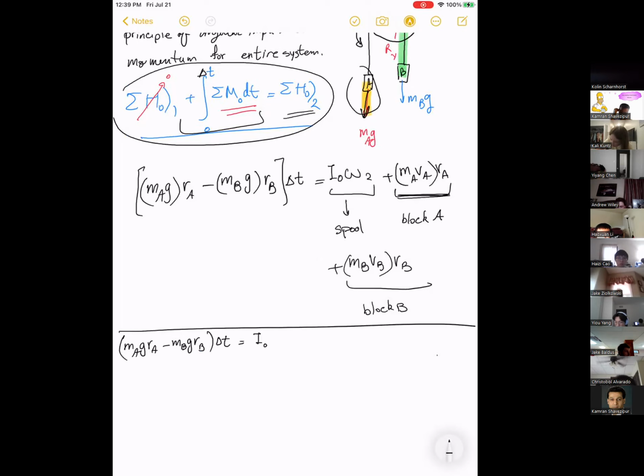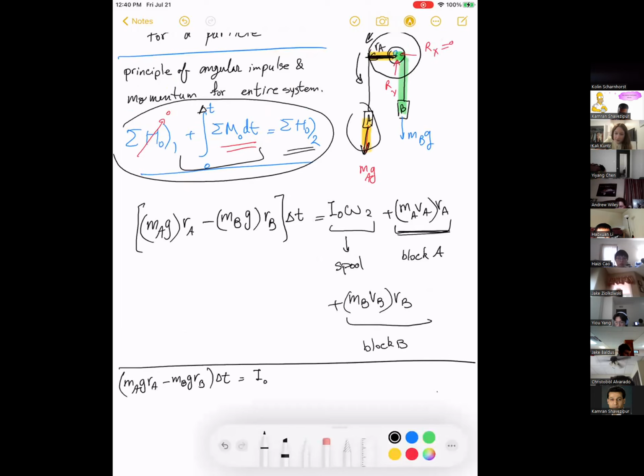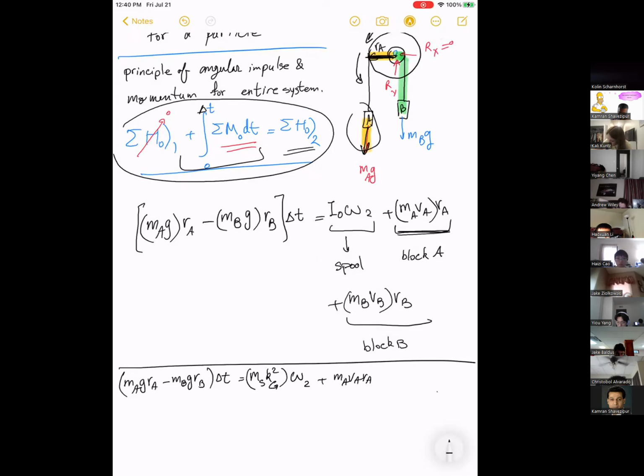And for IO, I can write again mass of the spool times radius of gyration. So we're going to get M spool kg square times omega 2 plus MA VA RA plus MB VB RB.